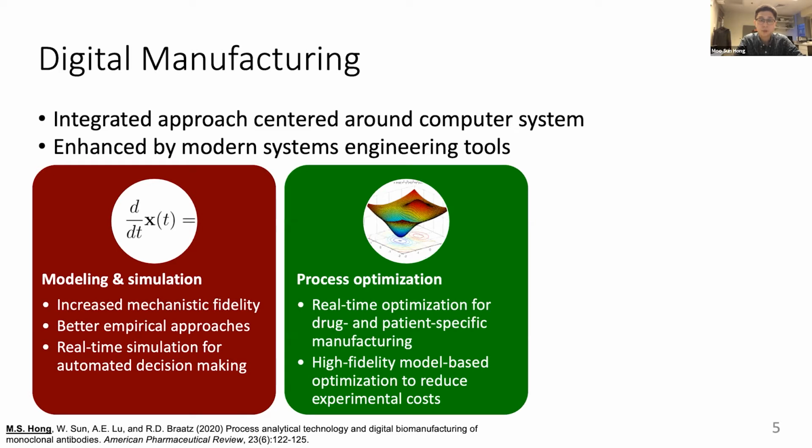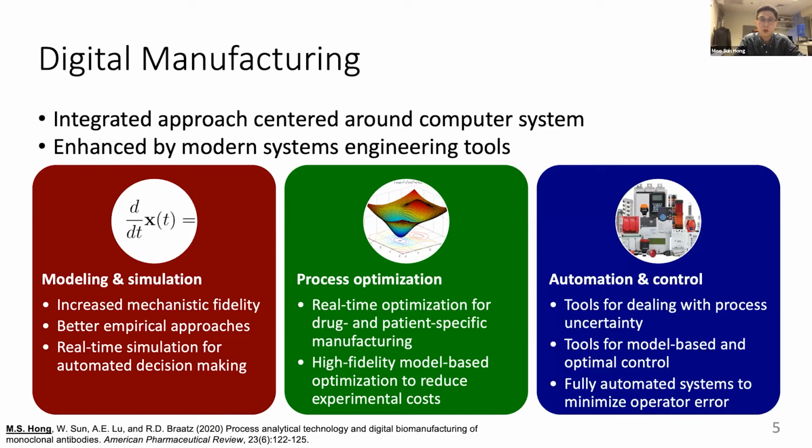The process optimization can also be applied in real time for drug and patient specific manufacturing. And high fidelity model-based optimization can also reduce experimental costs. Systems engineering also provides tools for dealing with process uncertainty and model-based optimal control. These result in a fully automated system, minimizing errors caused by human operators. And the synergy between these tools enhances the impact on digital manufacturing.